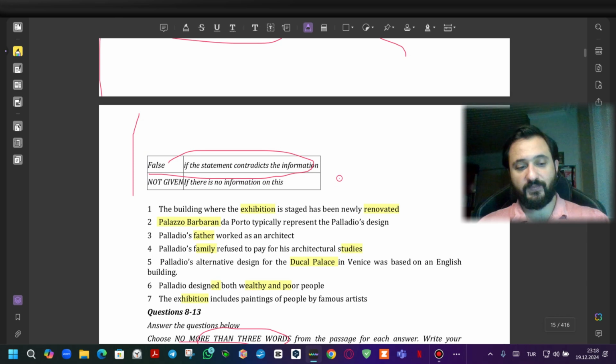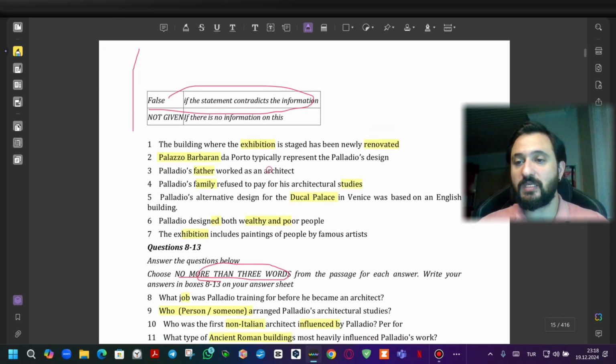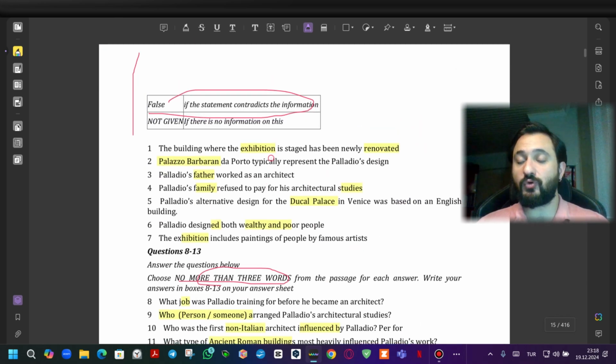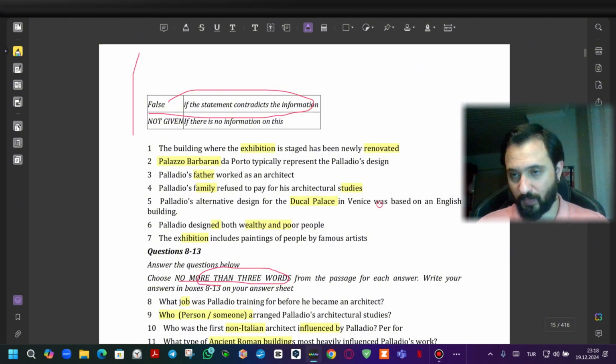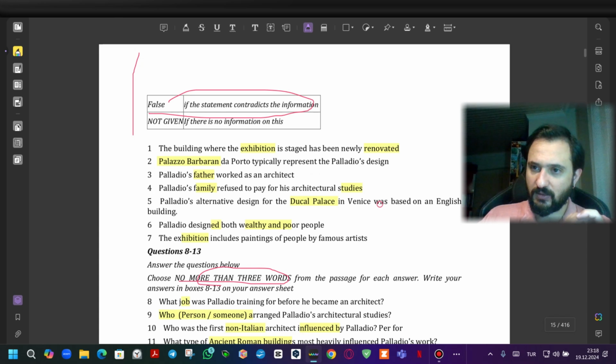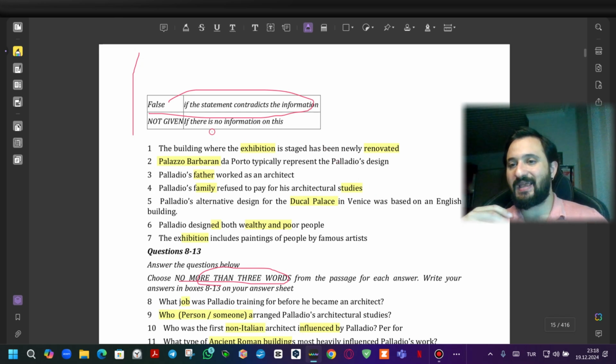Let's start. First of all, keywords. Before reading the text, you need to come to the questions to find the keywords. But a keyword doesn't mean only the most important word or the easiest word or the signaling word. No. Keyword choosing has three main rules.